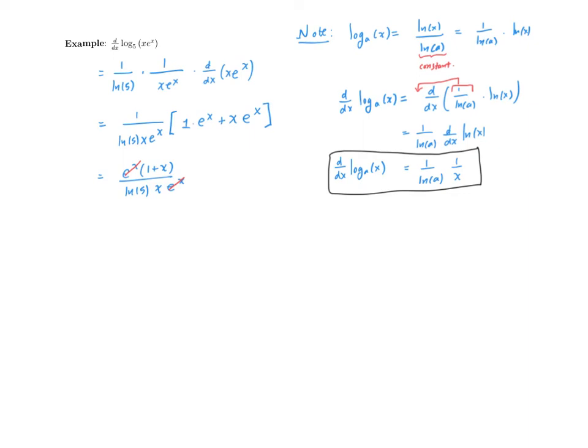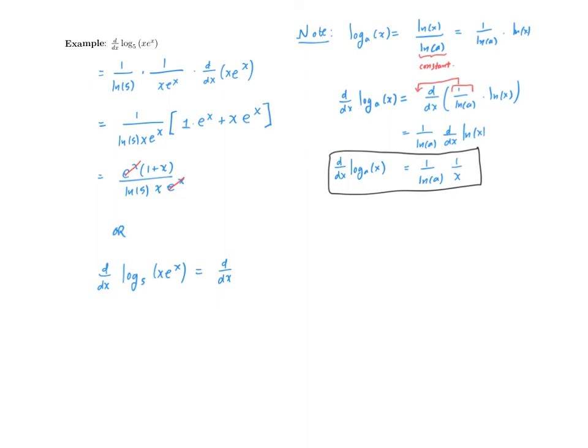Now note, even though we've evaluated this in one way, it's interesting to note that it's not the only approach we could take. So for example, instead of directly differentiating with the chain rule, we could rewrite this function using the change of base formula from above.